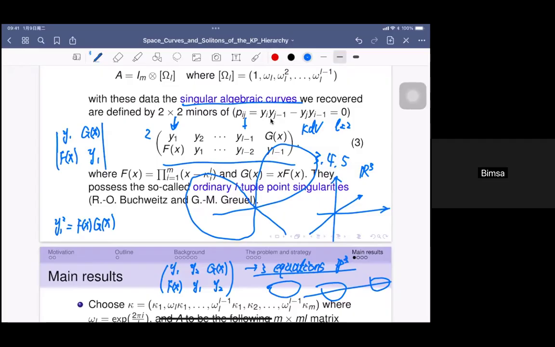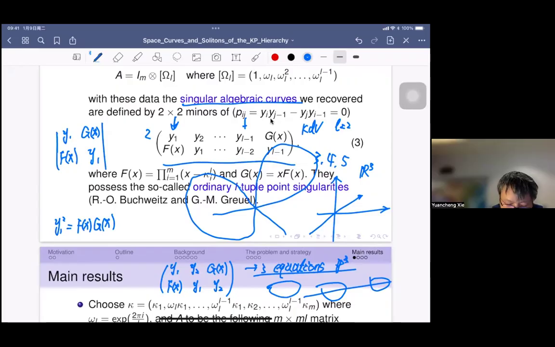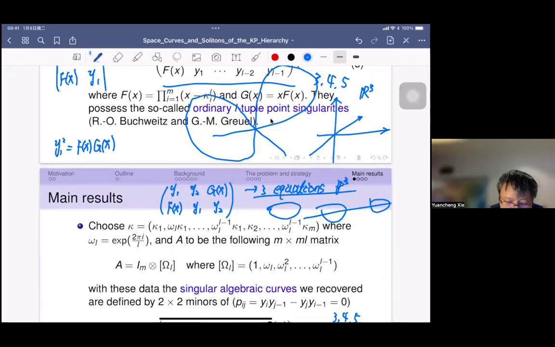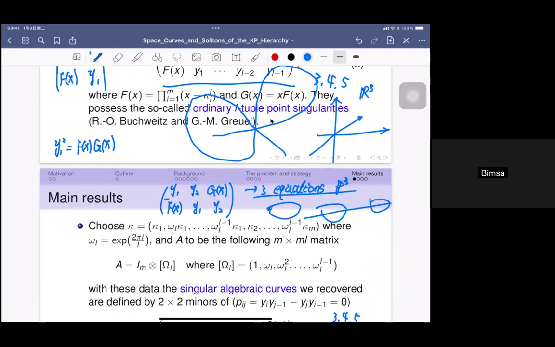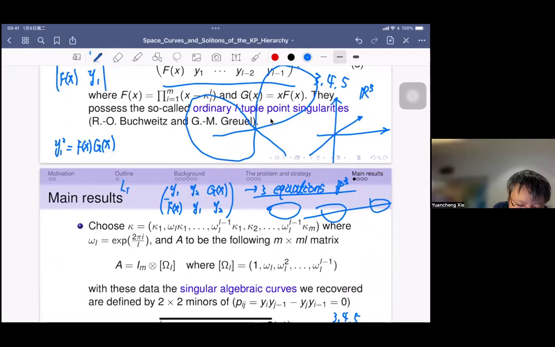Okay. And the curve is not algebraic here, no? In general, it is algebraic. All these equations are still algebraic equations. For example, we construct L1, L2, L3, which correspond to x, y1, and y2.